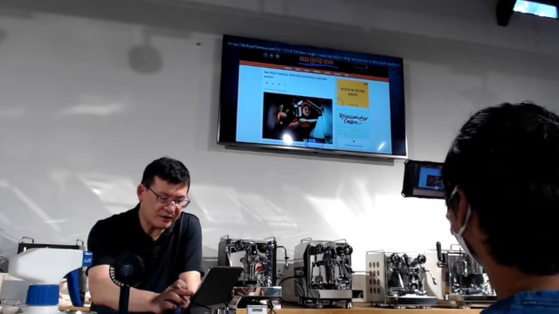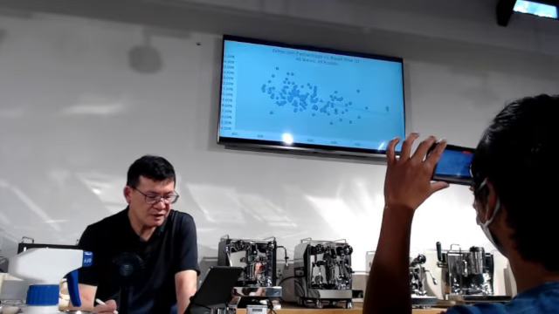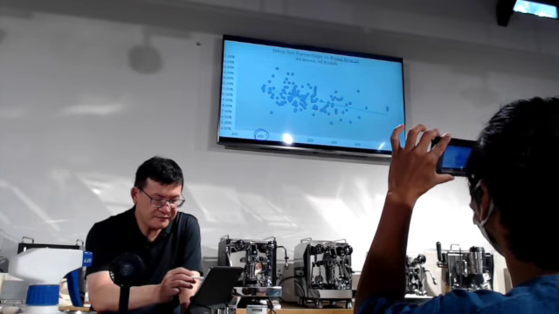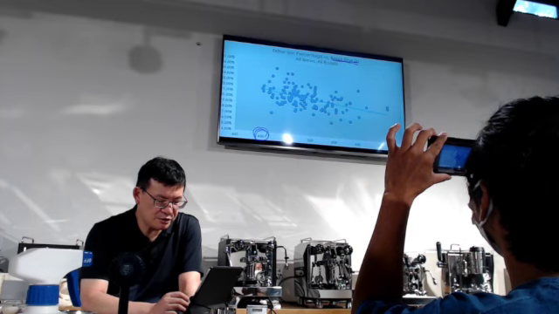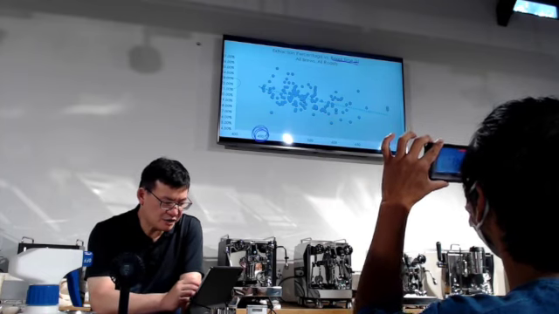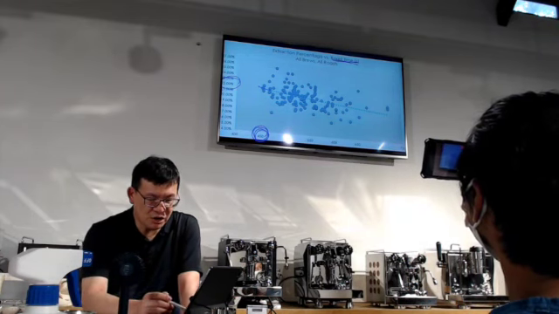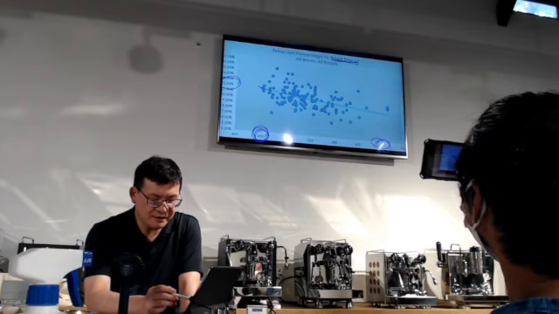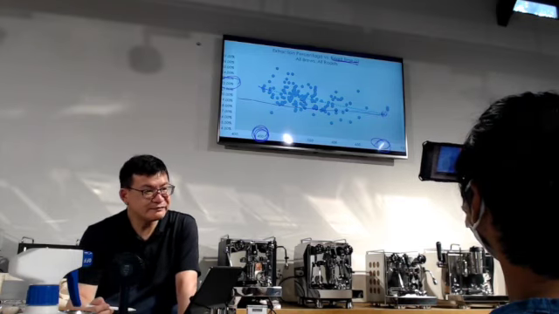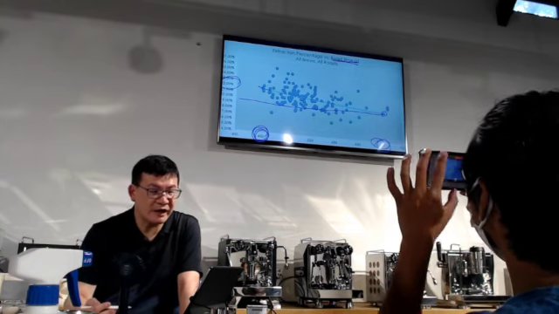So what they found is the shorter the roasting time, the higher the extraction rate. The longer the roasting time, the lower the extraction rate.